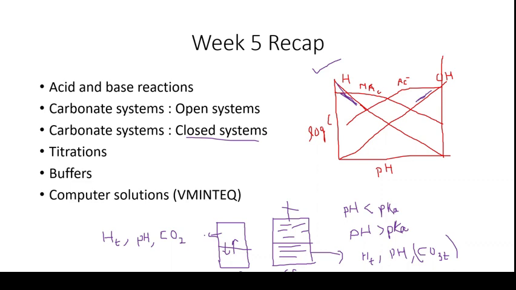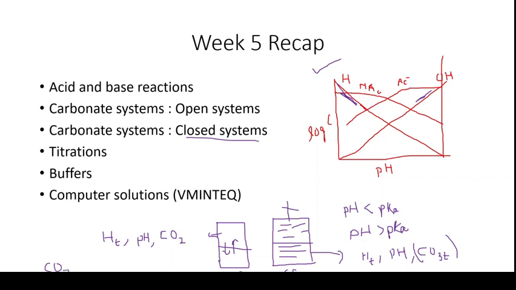Okay. So what is the difference between open system and closed system? In a closed system, total species will never change. Total species inside the water will never change, either H plus or carbonate or anything. It will never change. However, in an open system, the quantity of the species may change in the aquatic system because there can be influx or efflux of carbon dioxide, which is in equilibrium with carbonic acid.